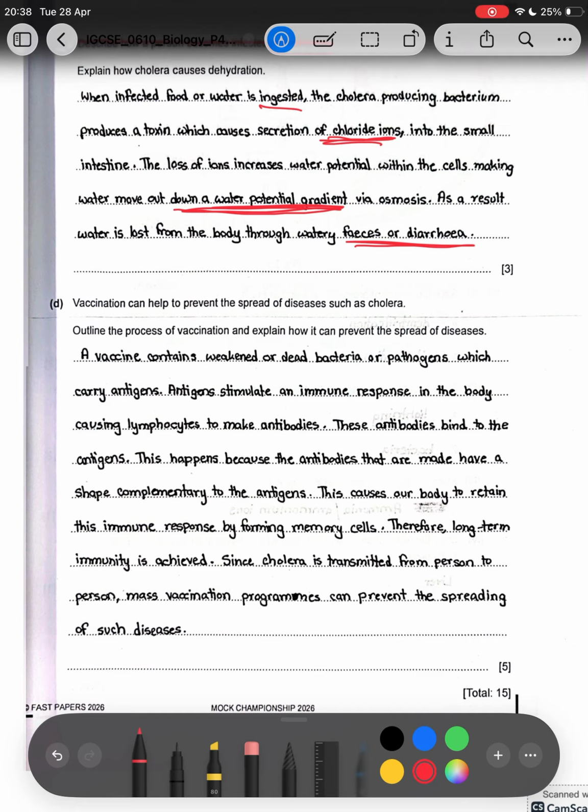A vaccine contains weakened or dead bacteria or pathogen which carry antigens. So antigens stimulate an immune response in the body, causing lymphocytes to make antibodies. Then these antibodies bind to the antigens.